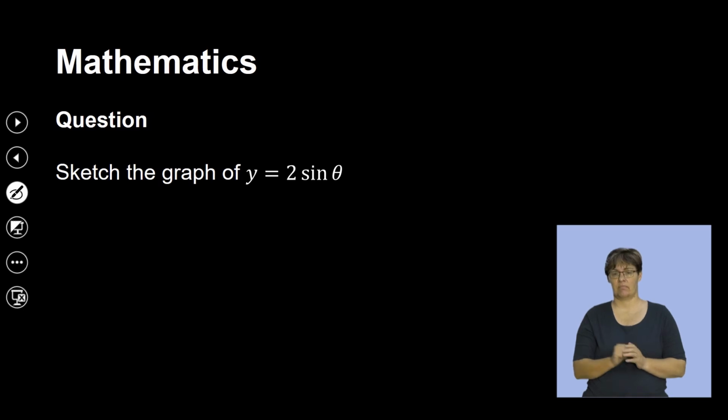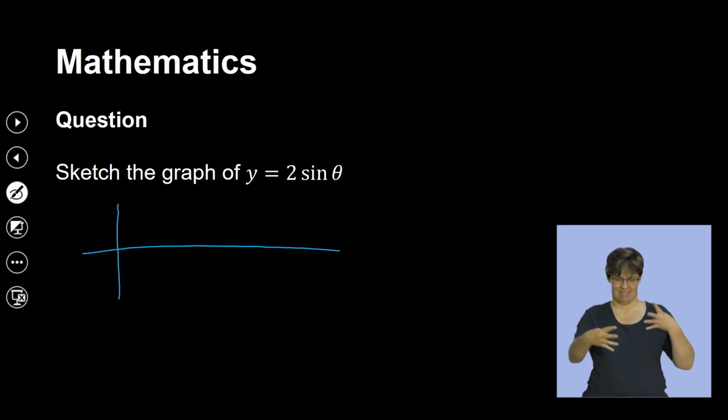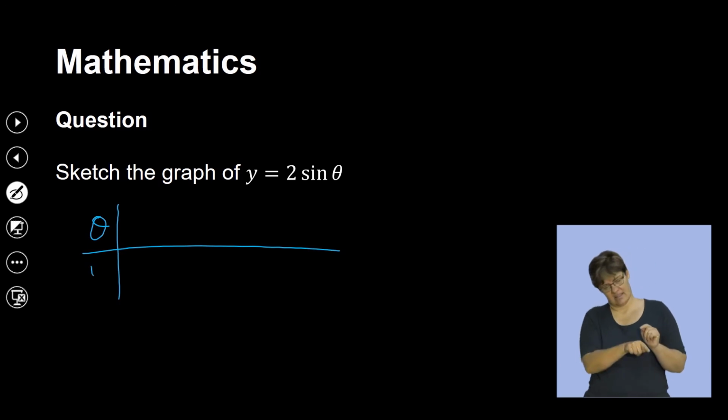Now one question that we'll need to look at is to sketch the graph of 2 sine theta. Firstly, before you do this, you will need to try and use a table. You remember when you were doing your straight line graphs in early grades of maths, you would say this is theta and this is my y.